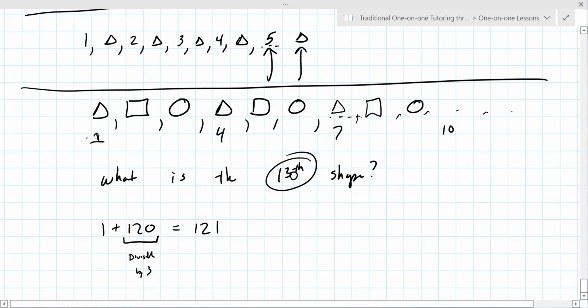Just take my word for the moment. So that's 121, 124, 127. So 130 would be a triangle. And the point is to not have you draw it out 130 times, because that would take too long.